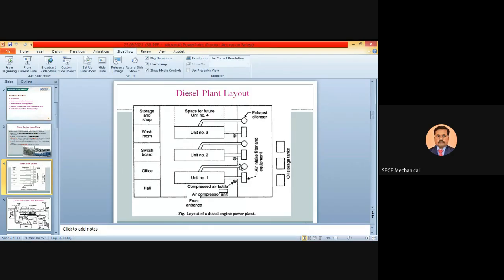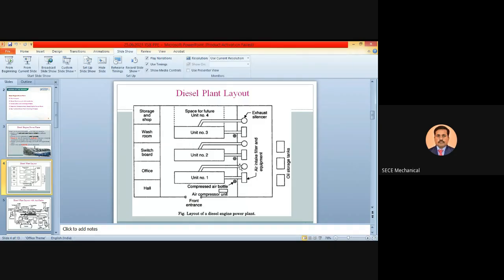While selecting a diesel engine power plant, you have to first select the area. Your requirement comes first, and based upon the requirement you select the diesel engine power plant. After that you have to select the location of the power plant. Where you locate the diesel engine power plant in your campus also plays a very important role.